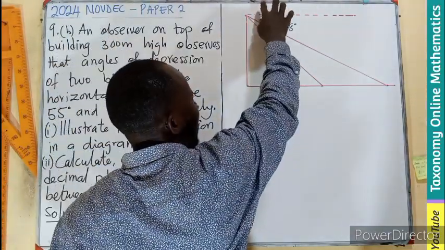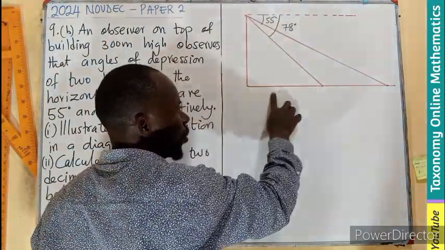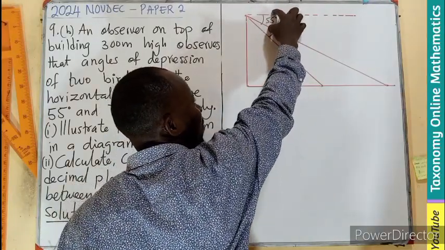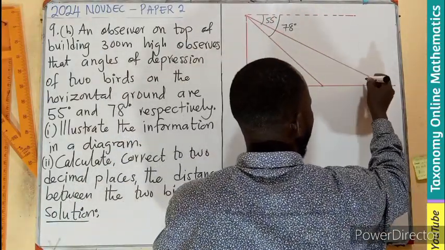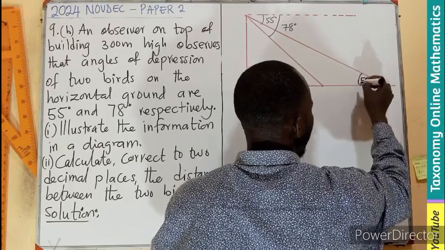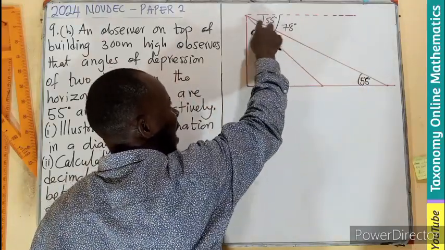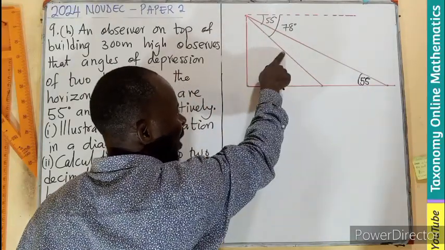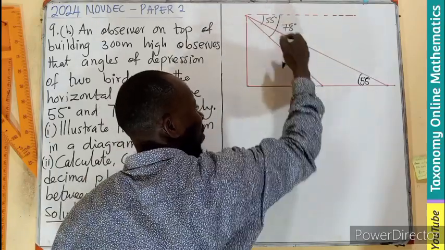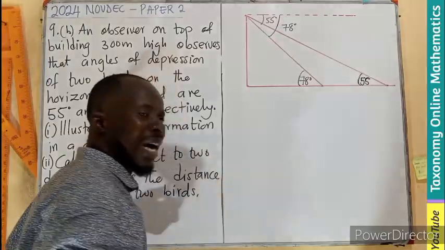Now forget about this line. You see that this line is parallel to the ground. So the angle we had here as 55 is going to be alternate to this angle 55. Then ignoring the middle line, taking this line, this is parallel to this, so this angle will also be alternate to this angle.